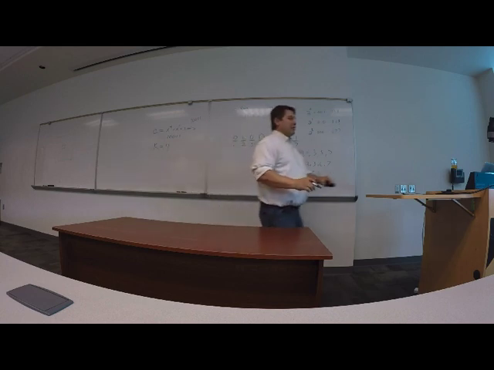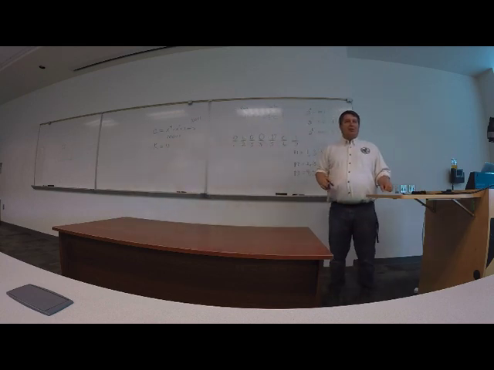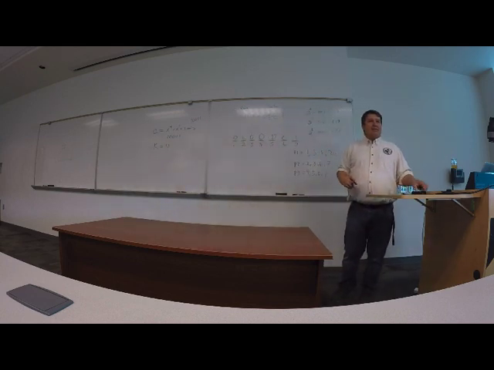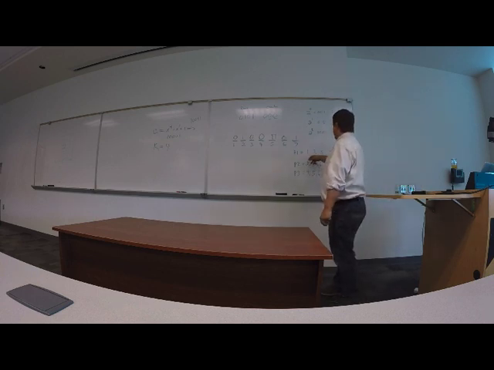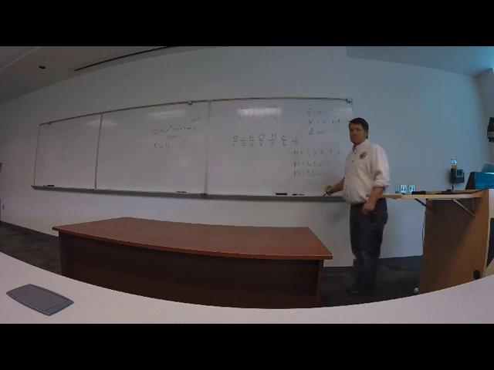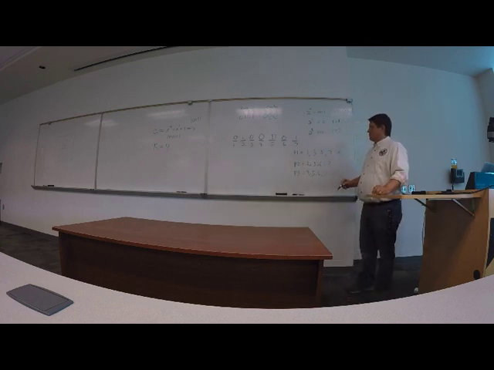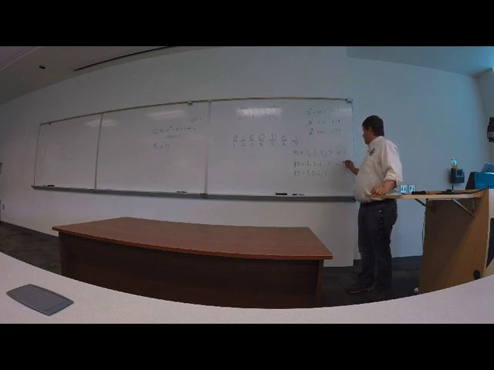And the receiver receives this. Let's go through and calculate the parity for these things. So 1, 3, 5, and 7 becomes what? 1. 2, 3, 6, and 7 becomes what? 0.